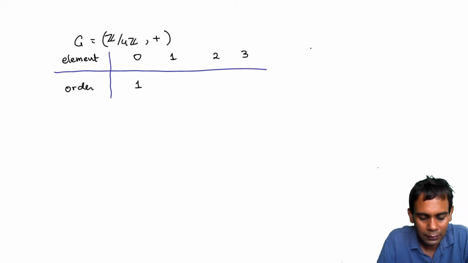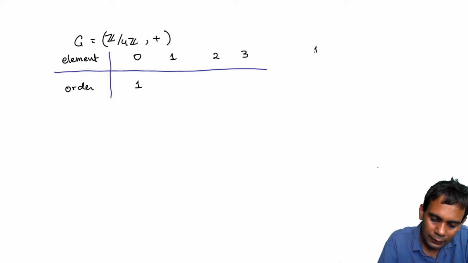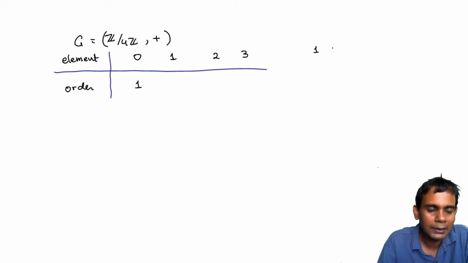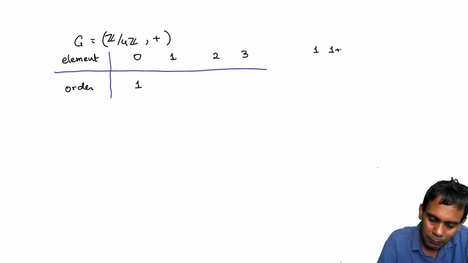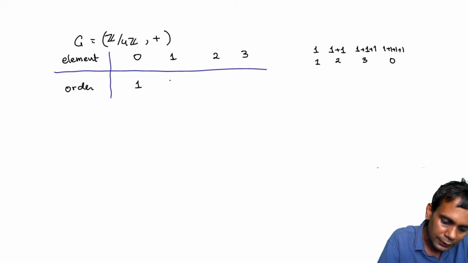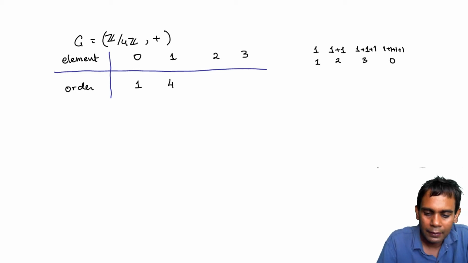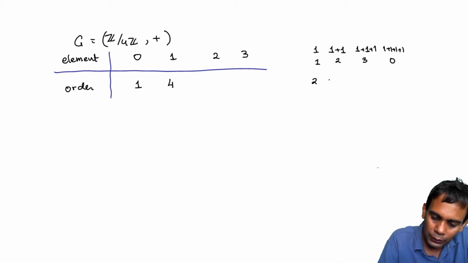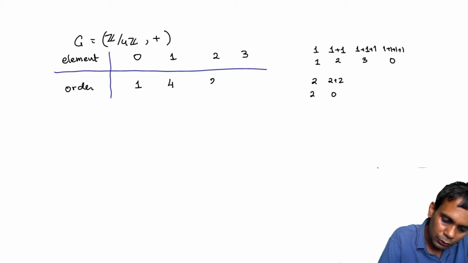What's the order of 1? Here we're using the additive notation, so we look at 1 plus 1, that's 2, 1 plus 1 plus 1, that's 3, which is not 0 in Z mod 4, but 1 plus 1 plus 1 plus 1, that's 4, which is 0 in the group. So g to the power 4 is 0, and our order here is 4. Now what about 2? 2 plus 2 is already 0, so here the order is 2.